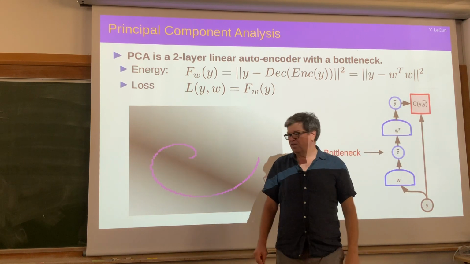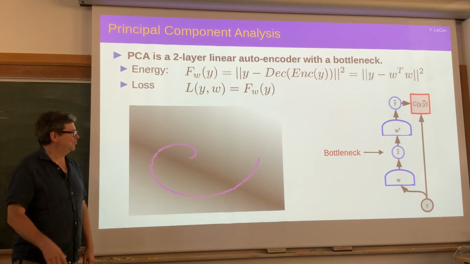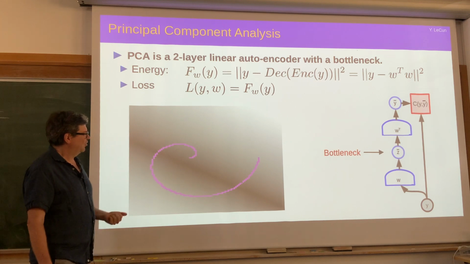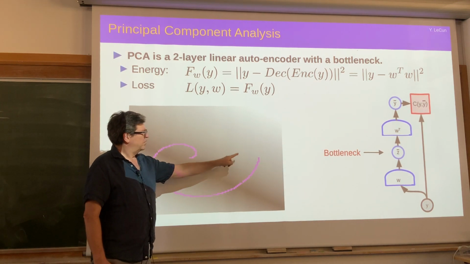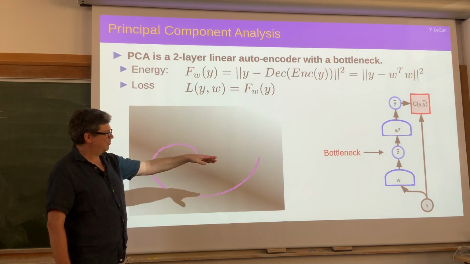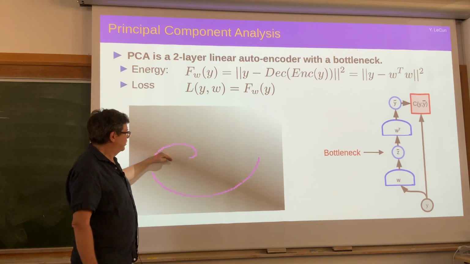What this does is a projection on a linear subspace, and if you train this on a data set where the samples come from this spiral, the projection function in the encoder basically projects on the principal axis of this data set.